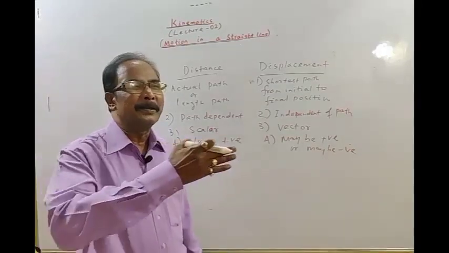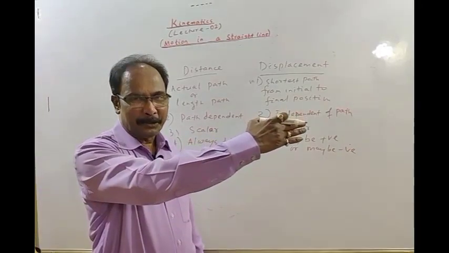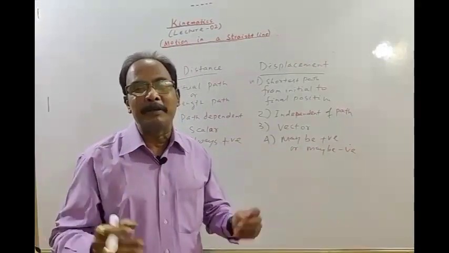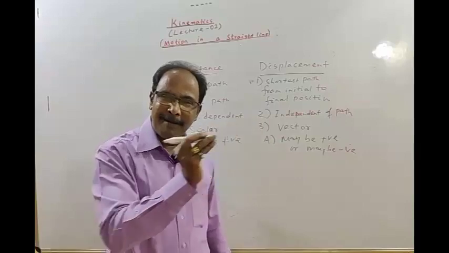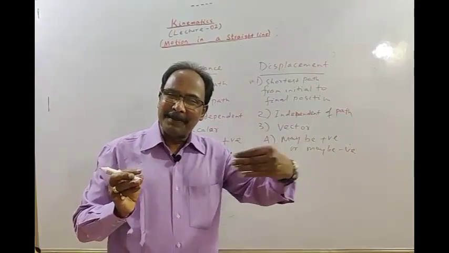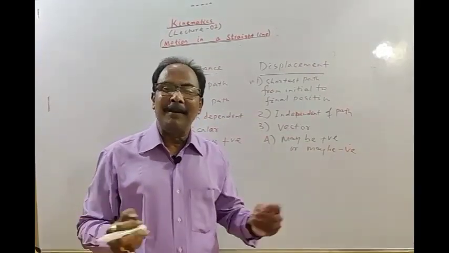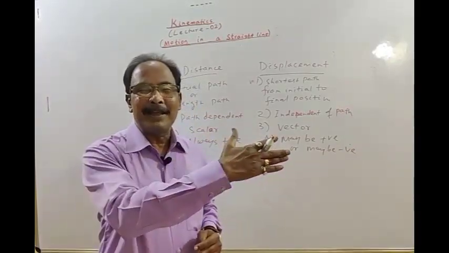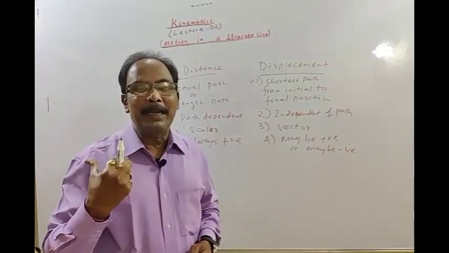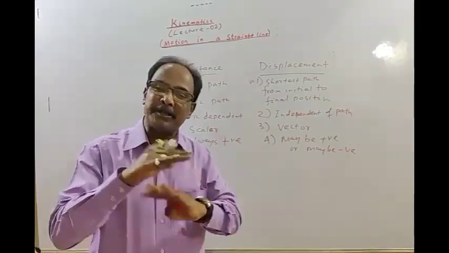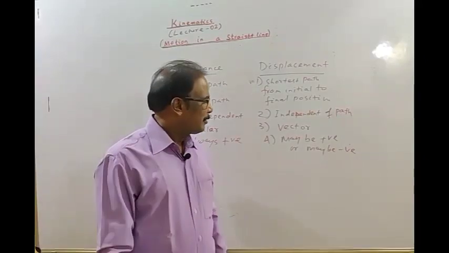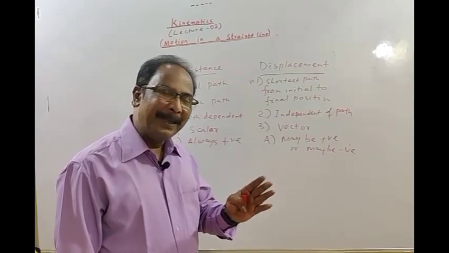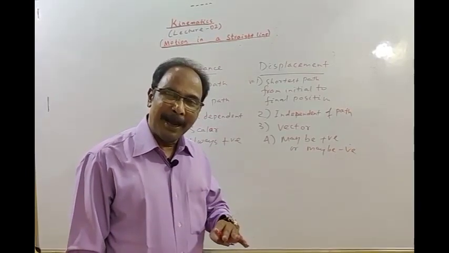Suppose a body moved 100 meter along east, then this is the initial direction, so this displacement is plus 100 meter. If he returns back to the starting point in the opposite direction, then the displacement is minus 100 meter. Okay. So usually the initial direction is taken as positive and opposite to the initial direction is taken as negative, or vice versa. Okay. It is convention. Since we may fix the direction, the initial direction we will take positive and vice versa.